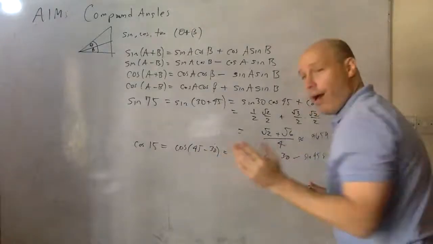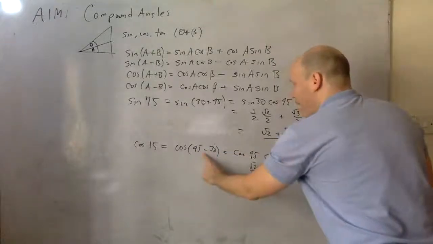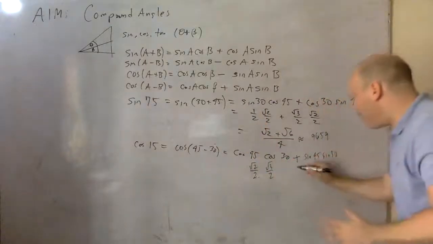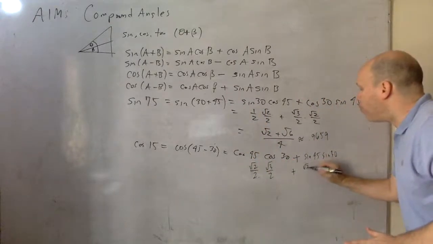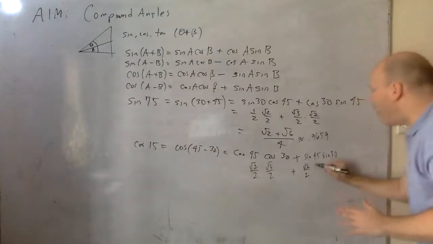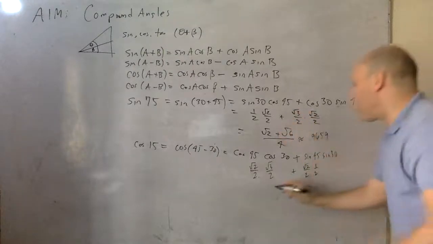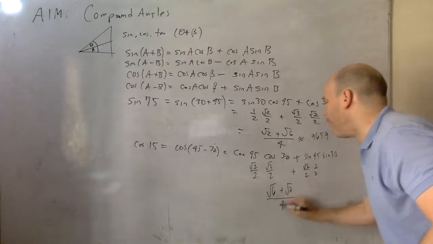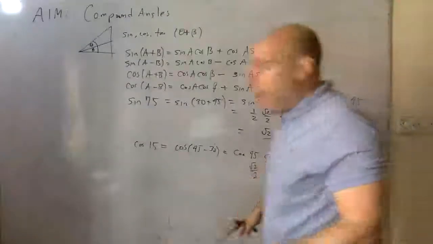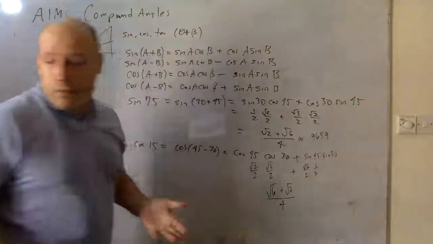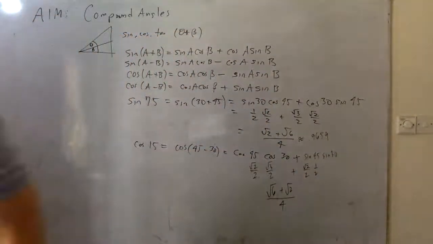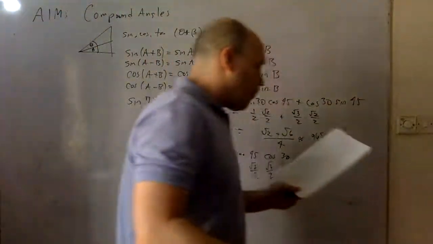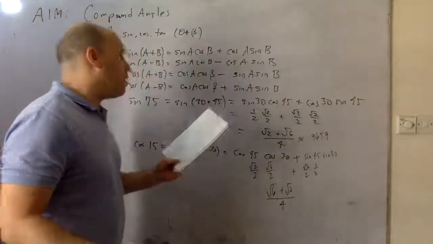Oh, I apologize. This is subtraction, that means this is plus. And so we have plus radical 2 over 2, 1/2, and we got the same answer: radical 6 plus radical 2 over 4. That's what this is. So this might be like question 1, just work it out. Next.